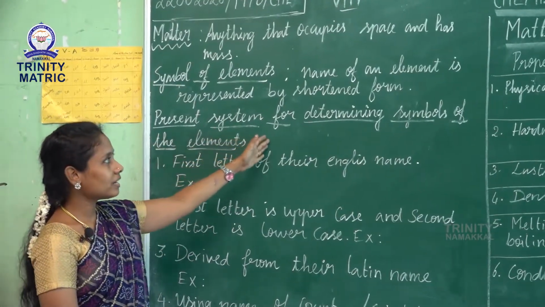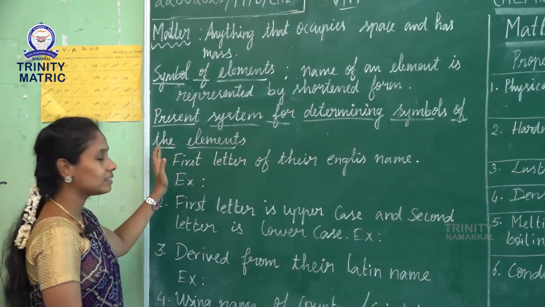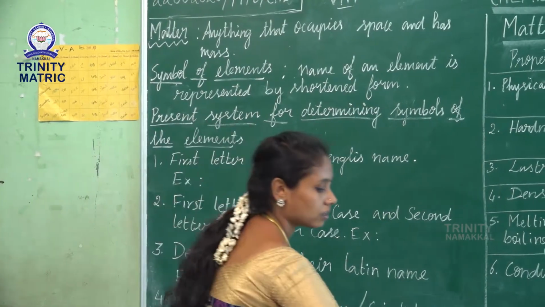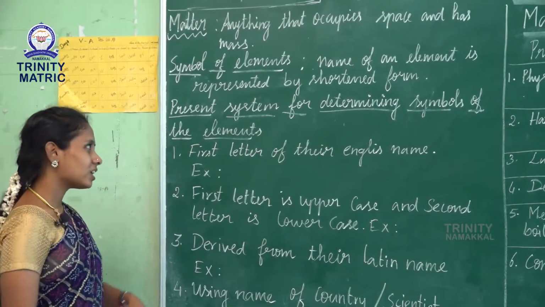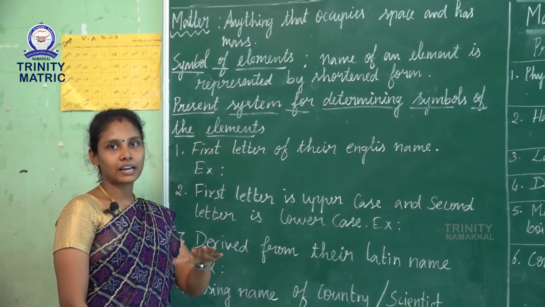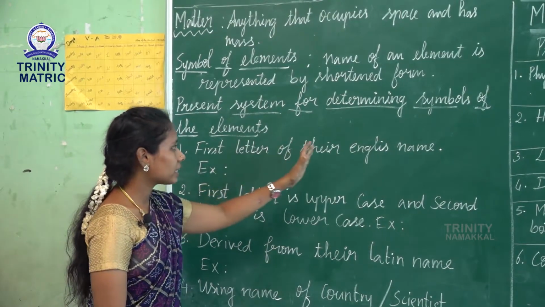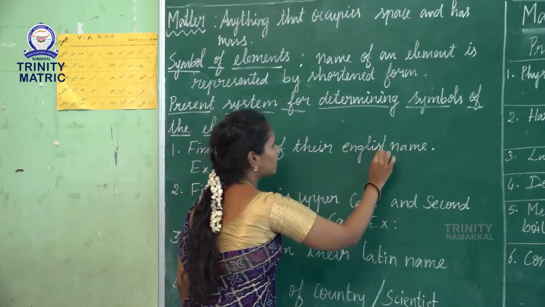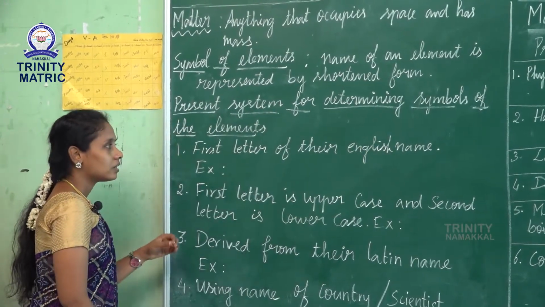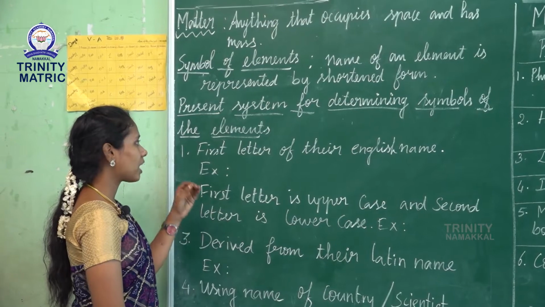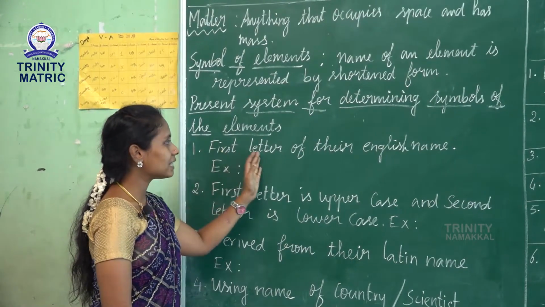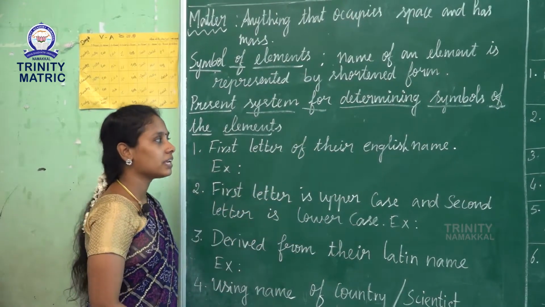Present system for determining symbols of the elements. What are the methods we have to write the symbols? First, the first letter of their English name. That means we write the first letter of their English name.